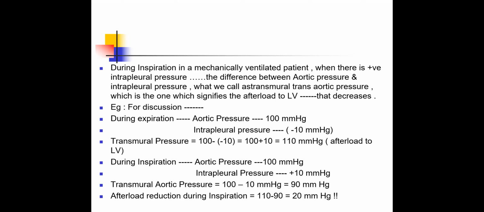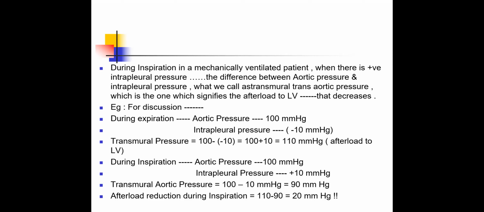During inspiration it decreases; during expiration it increases. Say, for example, during expiration, the aortic pressure is 100 millimeter mercury. Intrapleural pressure during expiration is minus 10 millimeter mercury. So transmural pressure would be 100 minus minus 10, which is 100 plus 10, equal to 110 millimeter mercury. So 110 millimeter mercury would be the afterload to the LV.